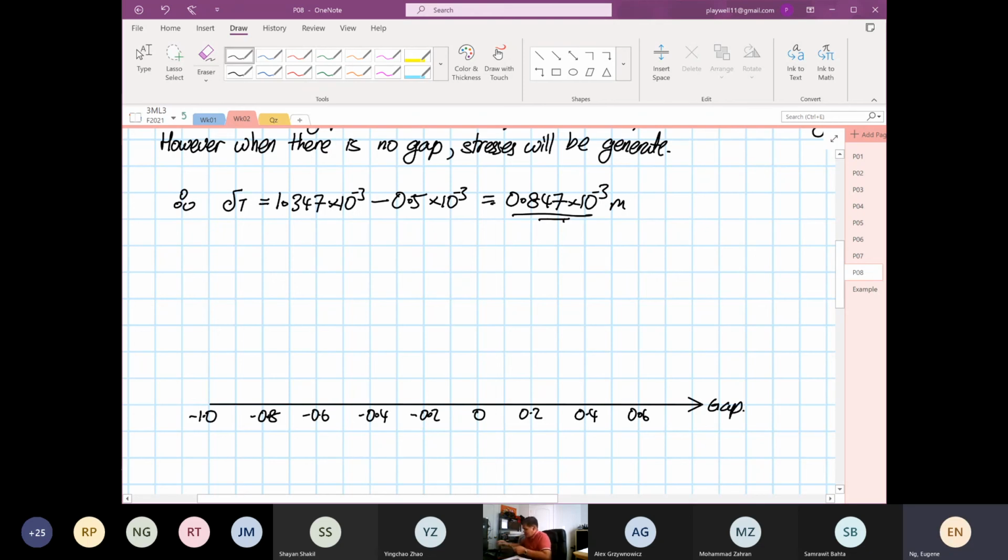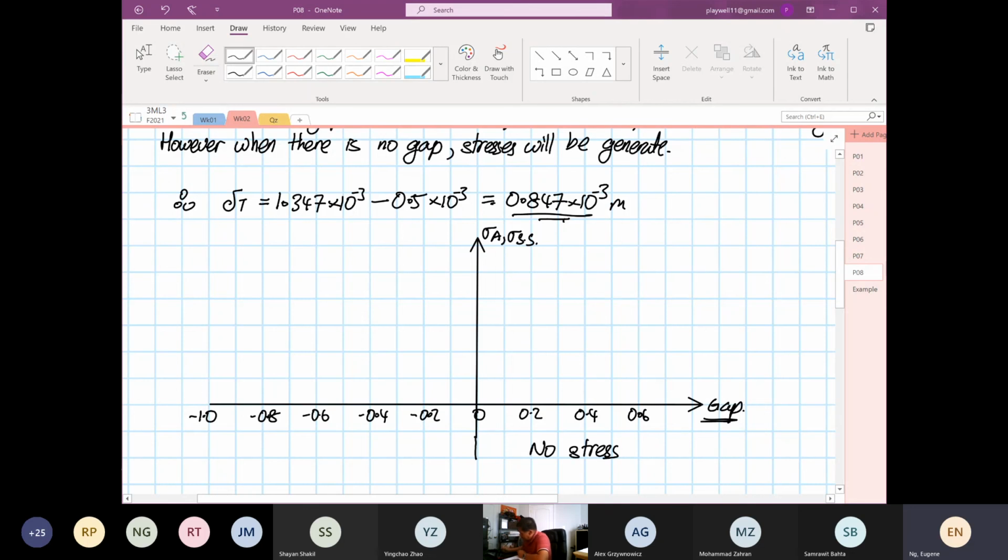When a zero gap means there's stresses, right? So once we reach to here, okay, this can be stress of your aluminum or stress of stainless steel, right? So when it is exactly down here, you have no stress.